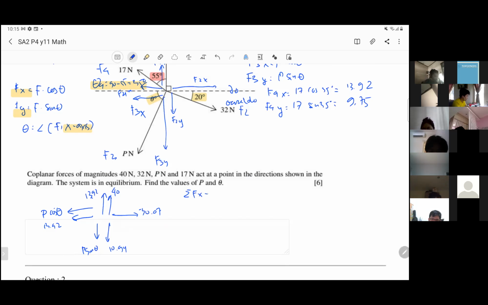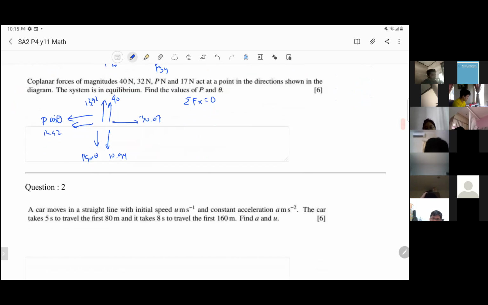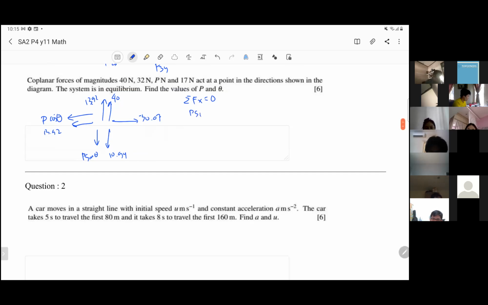Sum of the forces on the x-axis is 0. We can either use positive and negative, or in this case, because we know 0, we can use left and right. So I'm going to use the left one, P cos theta plus 13.92 equals 30.07. From this, we can calculate that P cos theta is 30.07 minus 13.92.